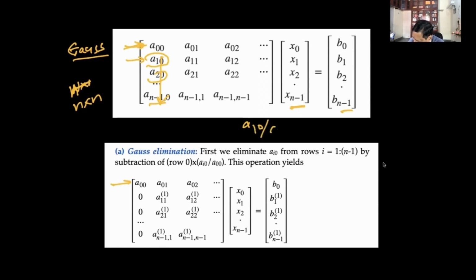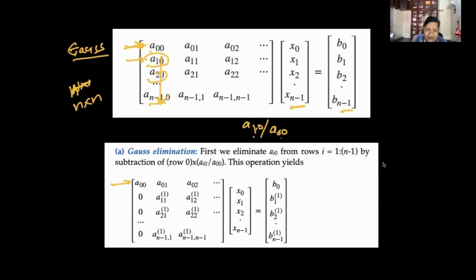Overall, we multiply the first row by A10 by A00. What happens to the first entry? It becomes A10, since A00 cancels. Of course, this is possible only when A00 is non-zero.